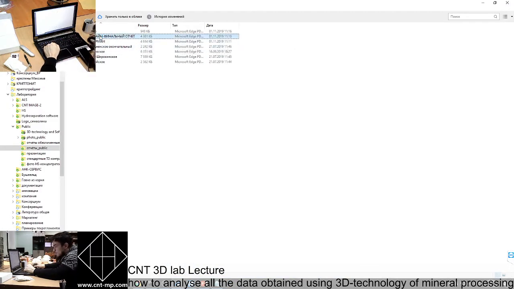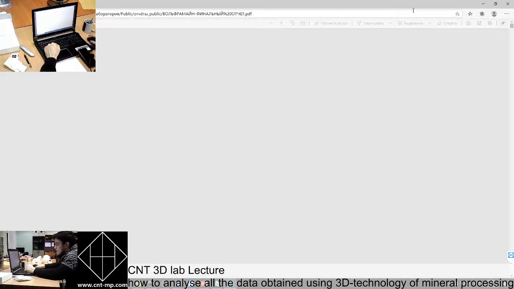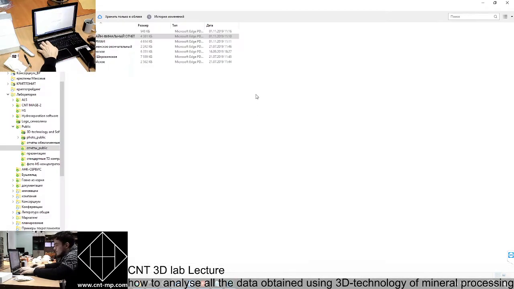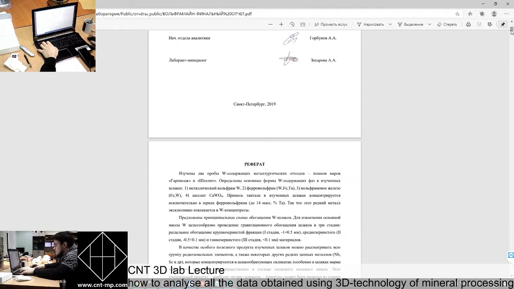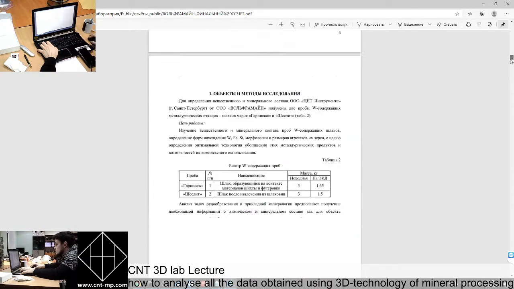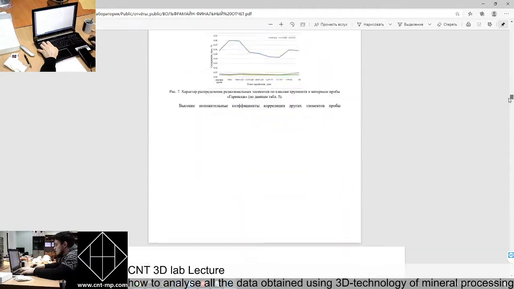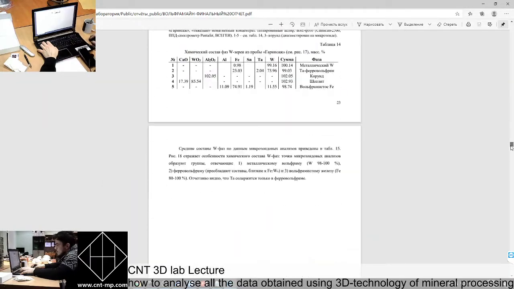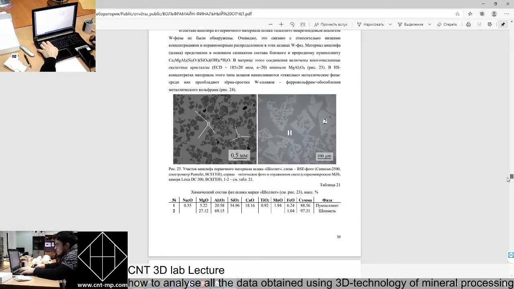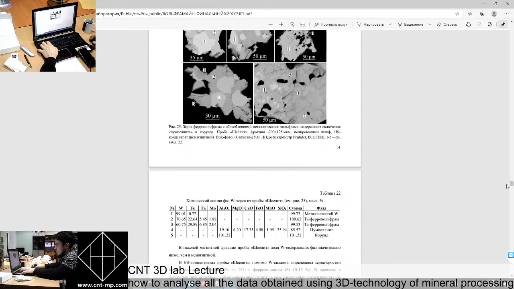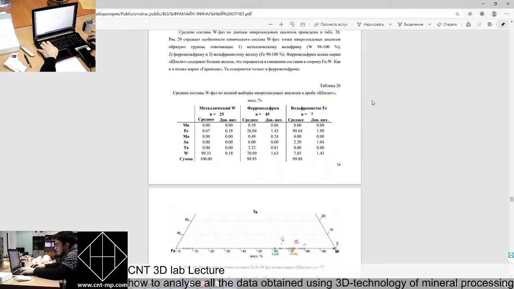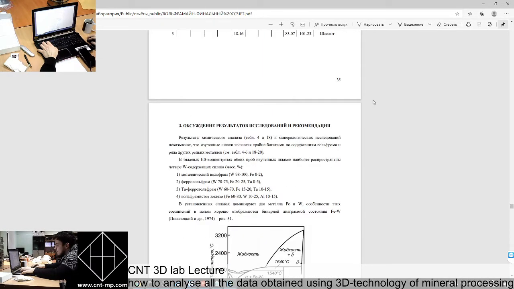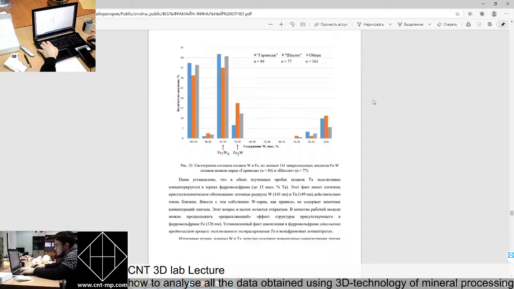For example, let me show you a simple flow chart we built for extraction of tungsten from slags after metallurgic melting. So this is a waste of melting ferrotungsten.